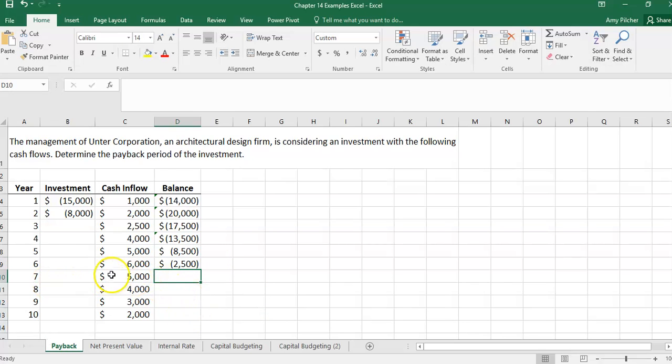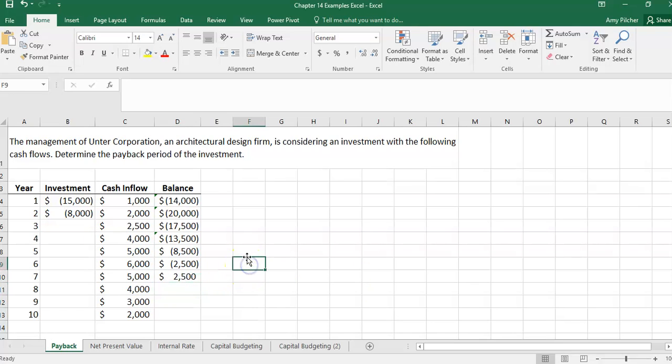So we can see that we're going to end up in 0 sometime in between year 6 and year 7, at the end, and sometime in year 7. At the end of year 6, we have $2,500 left. So we're going to pay that off, and we're paid off in year 7.